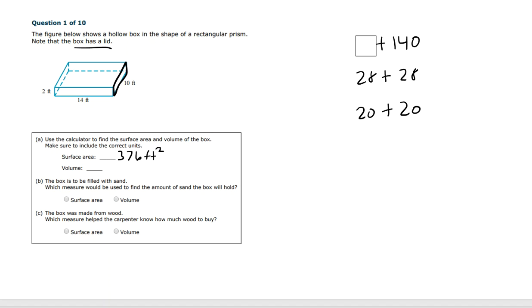Now let's go ahead and erase all of this, and we're going to find the volume of this same rectangular prism. To find the volume, we find the primary shape that the 3D object is made up of. This is a rectangular prism. So to find the area of this rectangle, we do 2 times 14, and then we multiply that by the length that it was extended.